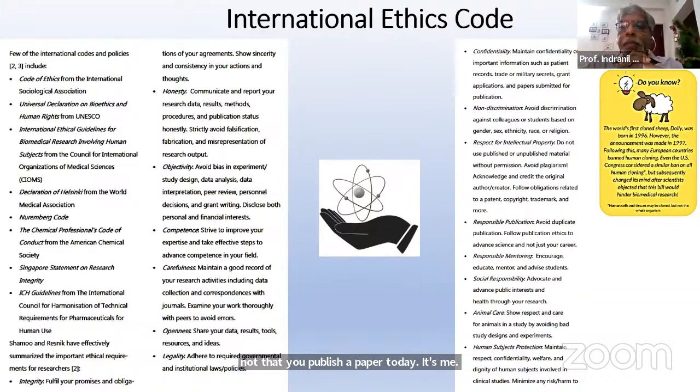Why? Because people want to figure out how much is your citation index, how many times other people have looked at your work. That is important because you are adding something to the existing body of research. So it is very important that people look at what you have done, and then try to advance their own work accordingly.